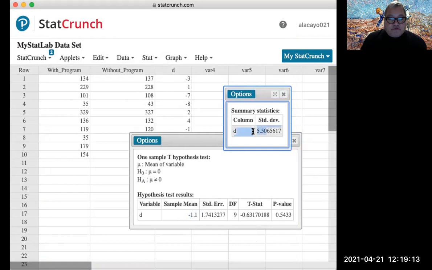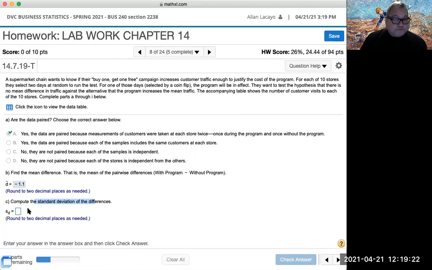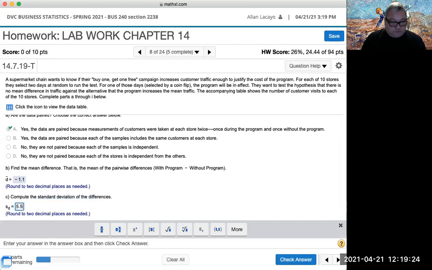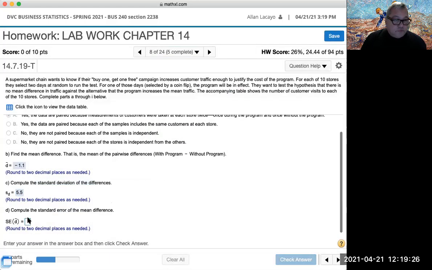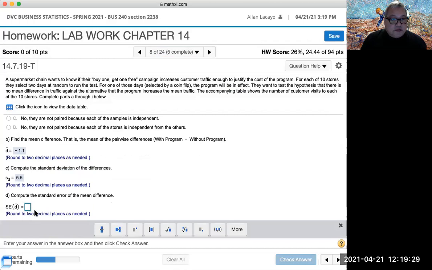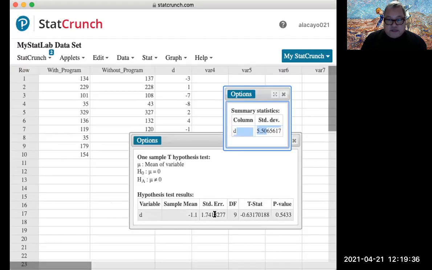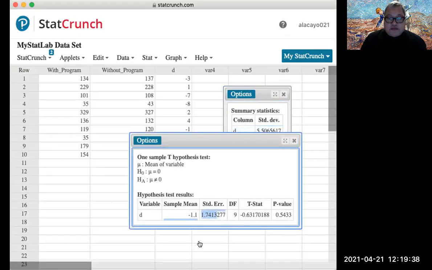That's a standard deviation of the differences of 5.5. The standard error for the average difference, calculated by the test, is 1.74 customers.